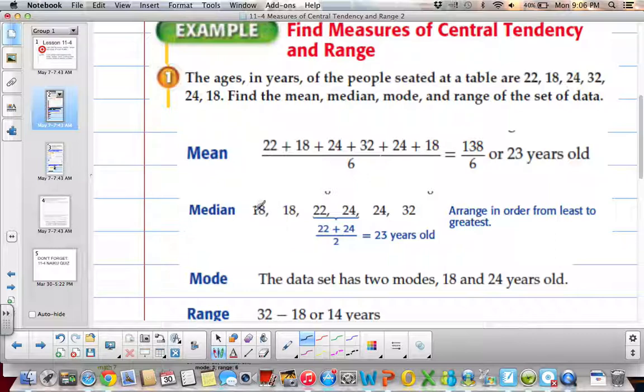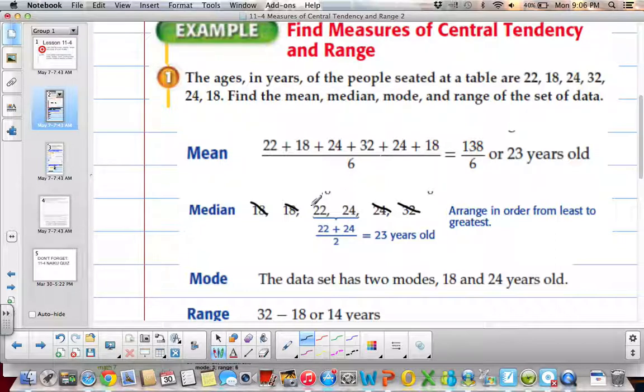And what I usually do then is I cross one off on each end and then keep going in from the ends until I have 1 or 2 left over. If I had a number in between here, like if we had an odd number, then I would cross off the 22 and the 24, and this number, whatever it is in here, would be 23, I guess, if it was in numerical order. That would be the median.